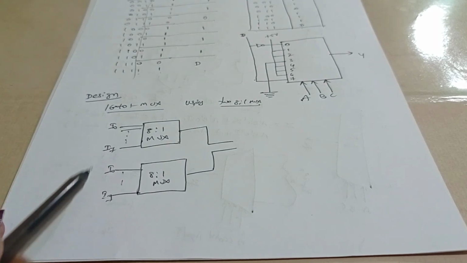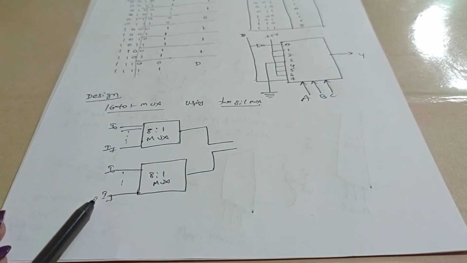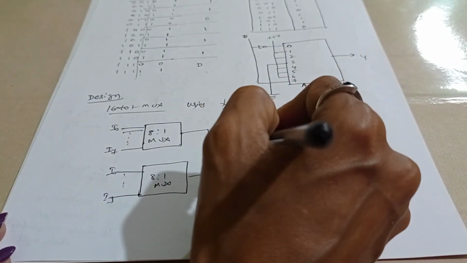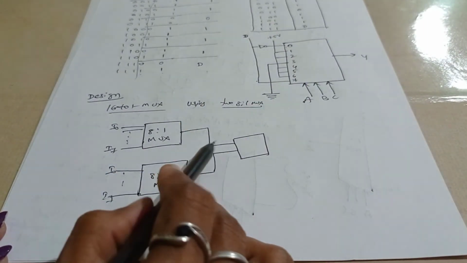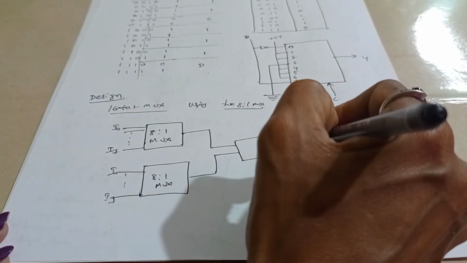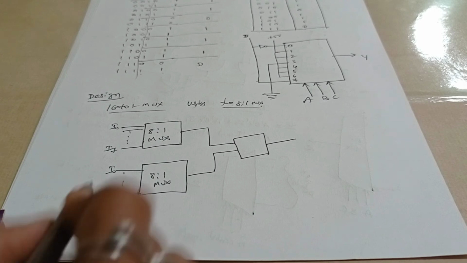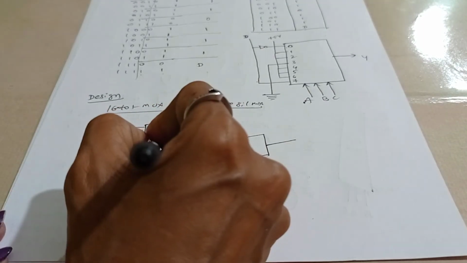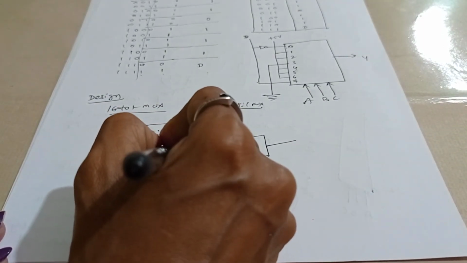Now how will we get the 16:1? Here 16 input data lines were taken. Now we need one more multiplexer to take these two as input lines and one as the output line. For this it needs control lines.